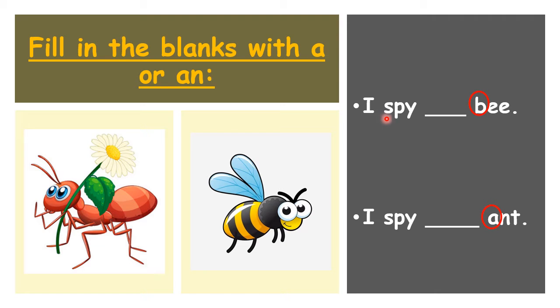I spy a bee. But this one here, does this one start with a vowel? Yes, it starts with the letter A. So if it has a vowel, we use an. So let's read these sentences together real quick.